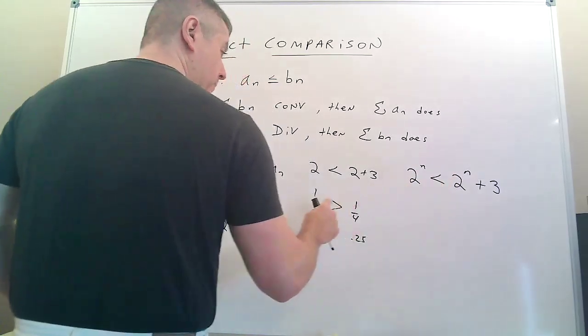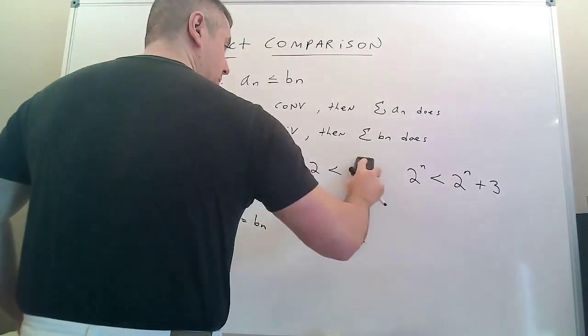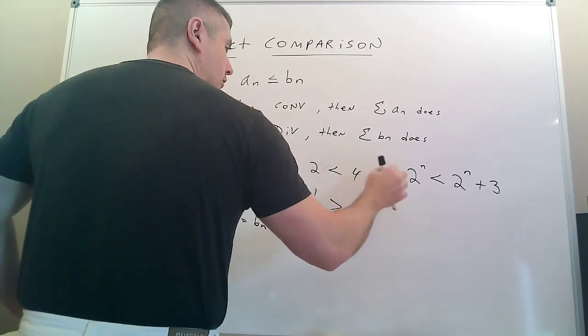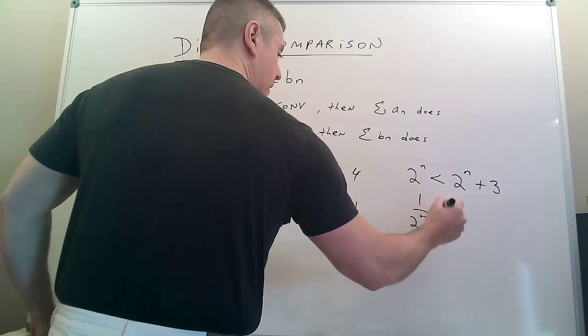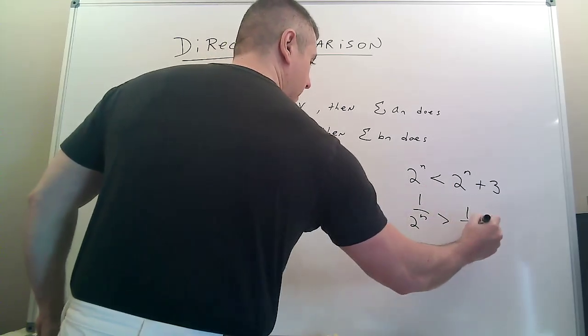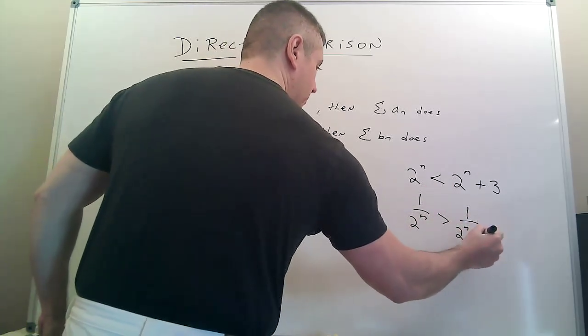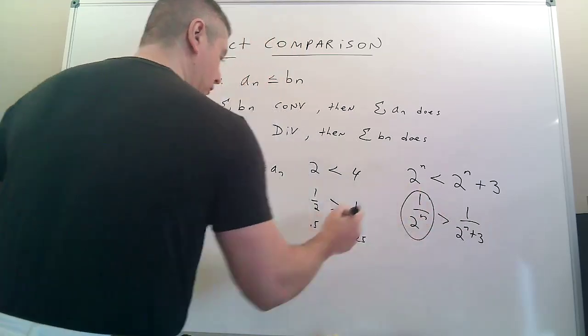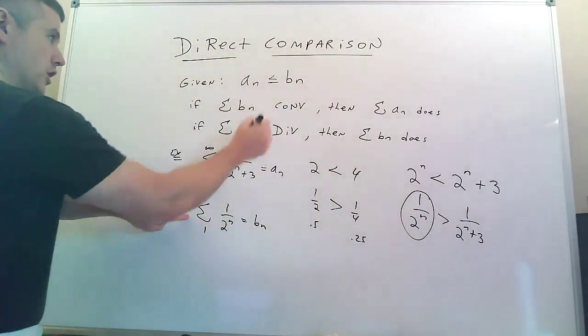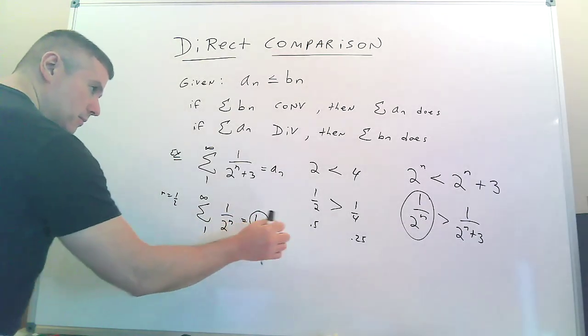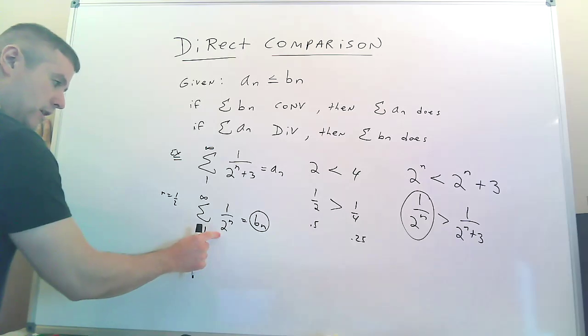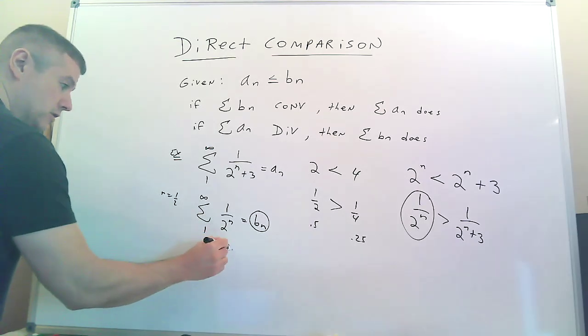Now I'm going to flip them over like I did here. Let me go back and put that to be a 4. So I'm going to flip, flip, flip. So it becomes 1/2^n. That thing flips. That thing flips. So this is bigger. I just showed, boom, that's what I wanted. I need the bigger one to be this because I know that it converges.